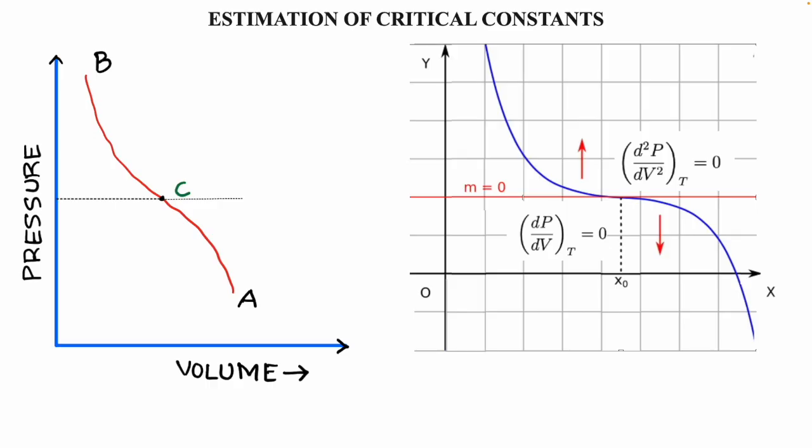Our curve is a function of p and v, right? So that is what we have. Arming ourselves with these two conditions, we can actually derive expressions for critical temperature and critical pressure. Now if we have these two values, then we can apply it for any gas.